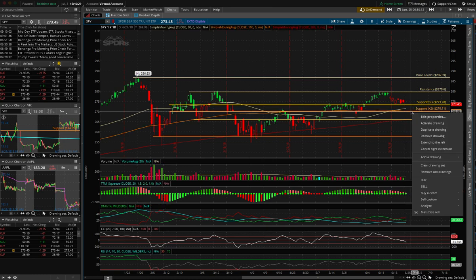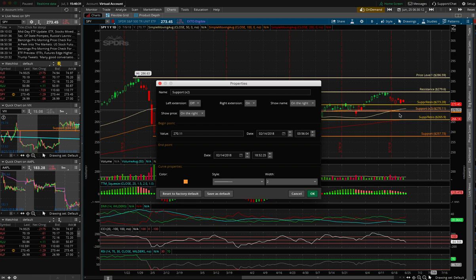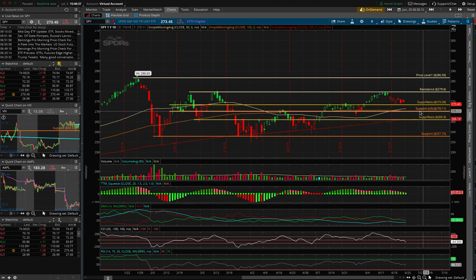So then we change our support times 2 and we place support times 3, as we have not only stronger support than this area, but we have our moving average here that has been acting as support as well. So that will be another case for support.